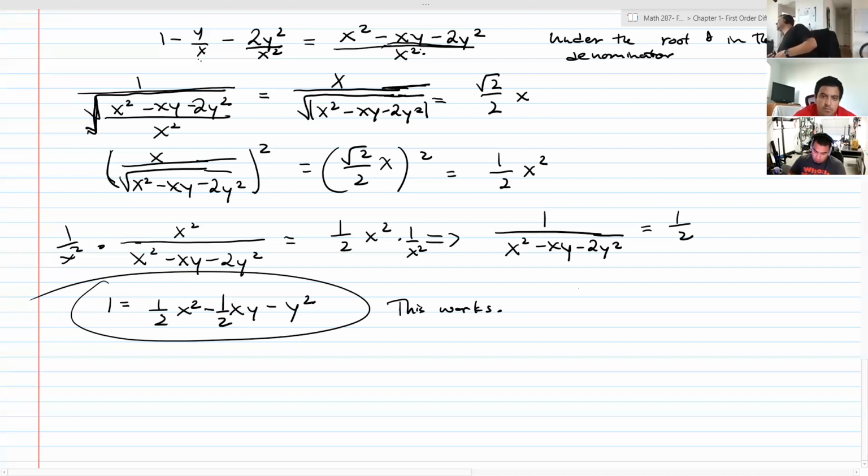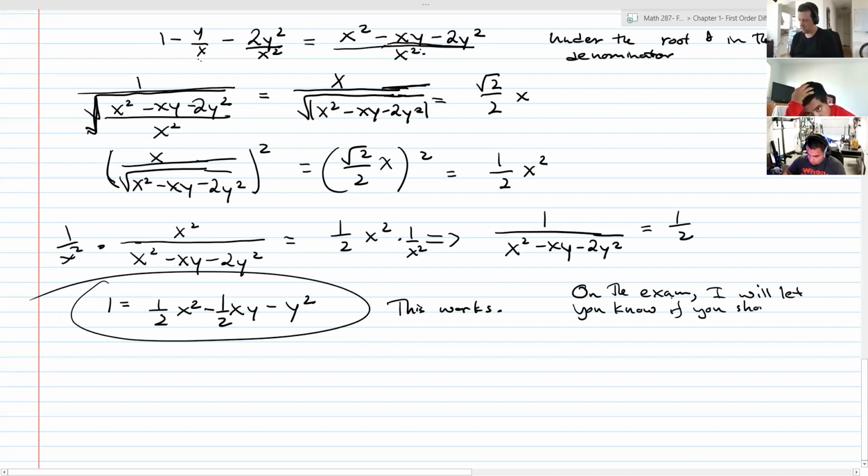Now, on the exam, just to let you know, I will tell you if you should keep it implicit, which means keep it as y over x, or to solve for y. If you're solving for y, it should be pretty obvious. It'll just take a little bit of work, hopefully 5 to 10 minutes of algebra tops.